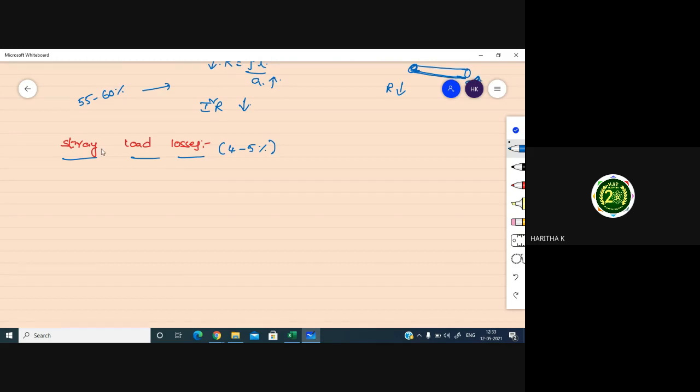So for reducing these stray load losses, but why will these losses occur? Because of short circuit currents in the coil, that is in the armature coil. The cause is short circuit currents or distortion of flux.